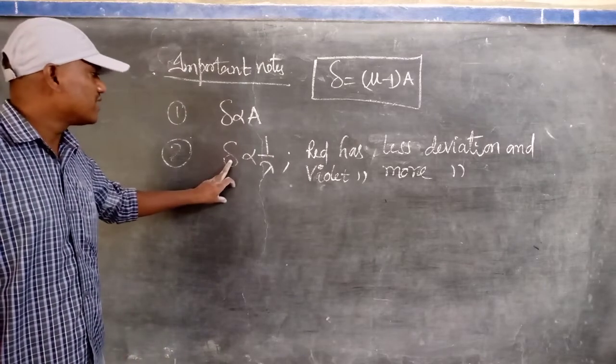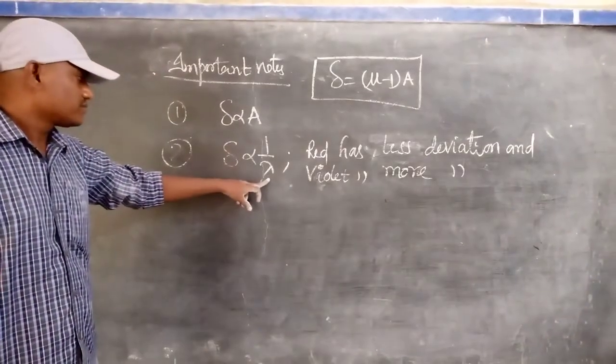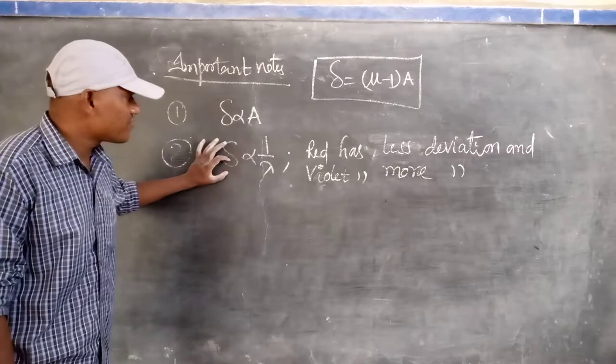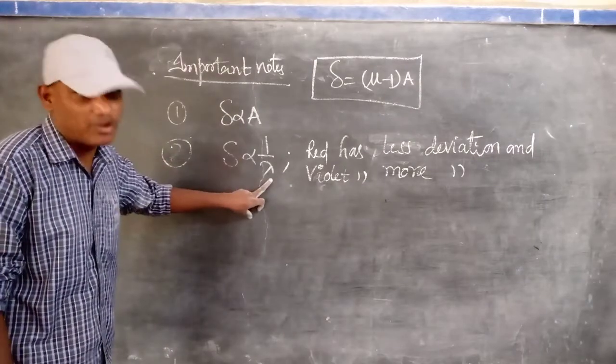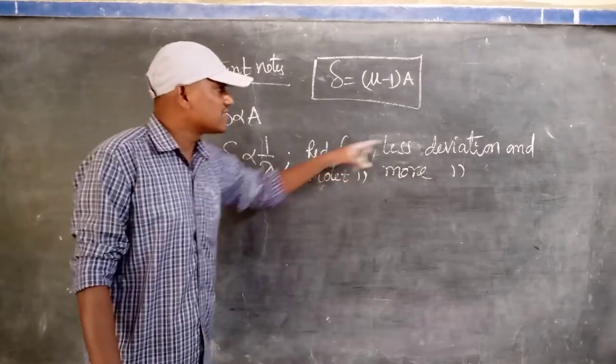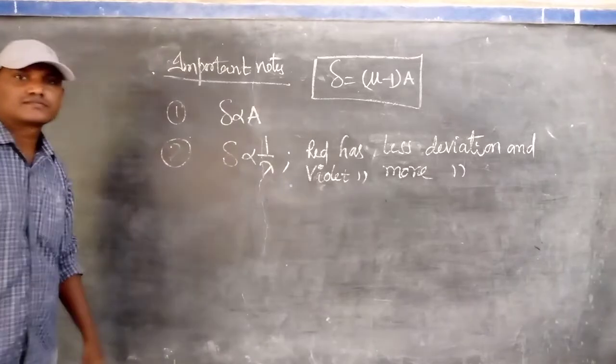The deviation angle decreases with increasing wavelength, and increases with decreasing wavelength. That's why red has a lesser deviation and violet has more deviation.